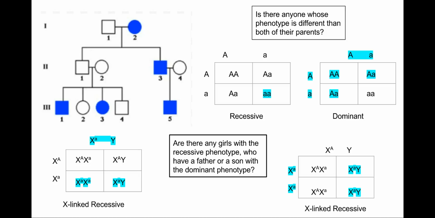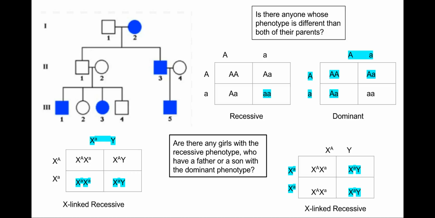If you're just given a pedigree, the first question you should ask yourself, and again, this is a quick way to do it, there are some little loopholes, is there anyone whose phenotype is different from both of their parents?